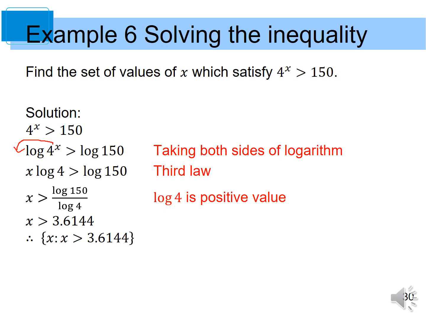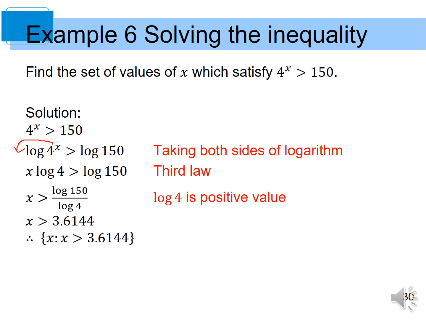And in order to get the x value, we move log of 4 to the right side. And be careful in this step. Because log of 4 is a positive value, the inequality sign remains.